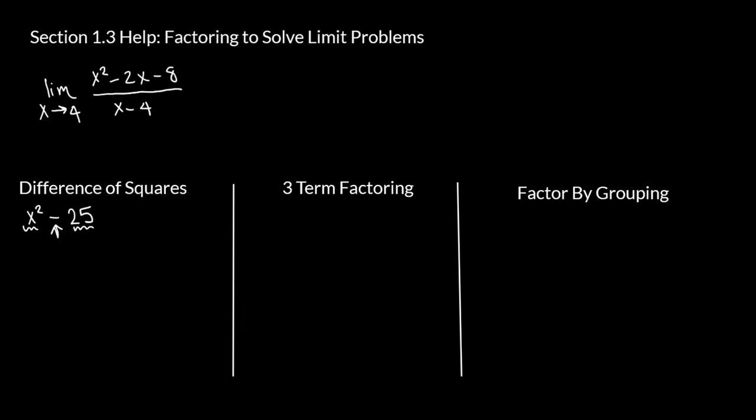The difference of squares pattern is a squared minus b squared, and it factors to a plus b times a minus b. In this particular problem, we have x squared minus 25, which we're going to rewrite as 5 squared.